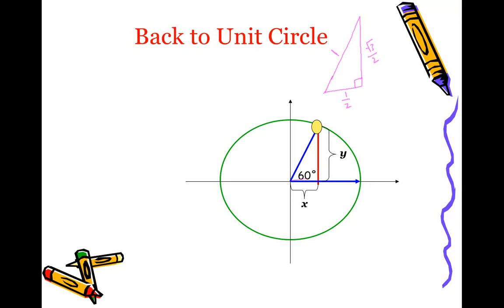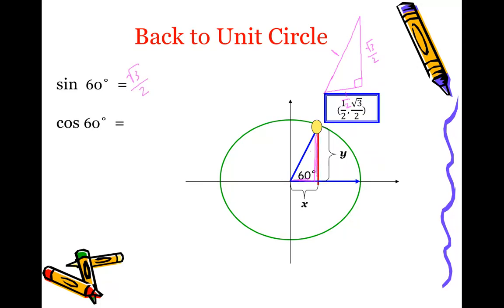Well, you're going over 1/2 and up root 3 over 2. So 1/2, root 3 over 2. So the sine of 60 is going to be root 3 over 2, and the cosine of 60 is going to be 1/2. Well, what is the tangent of 60 going to be? Root 3 over 2 divided by 1/2. We don't like dividing by a fraction, so times 2 over 1. These will cancel. Look, root 3.